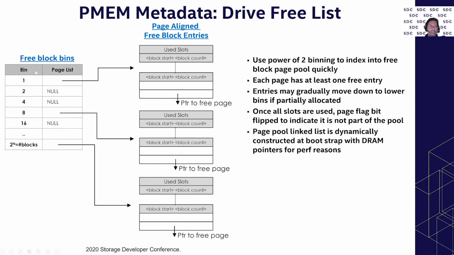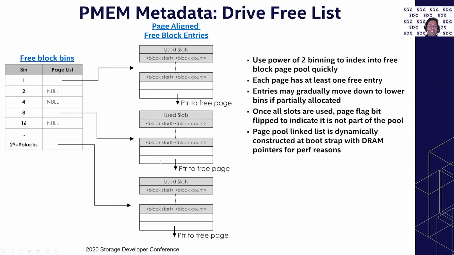Essentially, you have a bin as the lookup. Every bin indicates the number of, let's say, for example, you have bin 8. This bin includes at least 8 contiguous sectors that are free, all the way down to the next bin, which is 5. So essentially 8 to 5 contiguous blocks is stored in bin number 8.